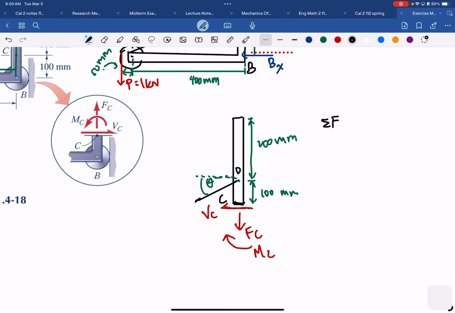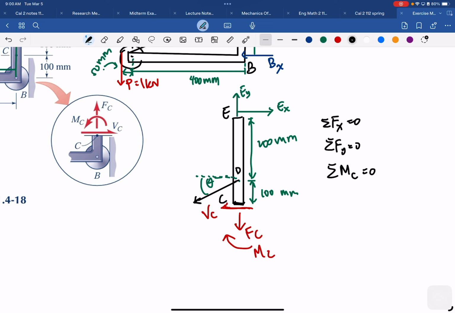Okay. So this will be using the theta, taking the sigma fx equals 0, sigma fy equals 0, and to get easier, oh, this is E, sorry, sigma m at C equals 0. Okay, and then basically that is all you need. This is EY, this is EX, and then everything already in distance. So as long as you get the theta, you will get everything right.